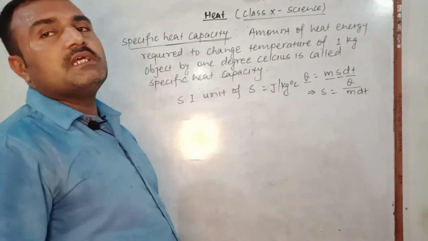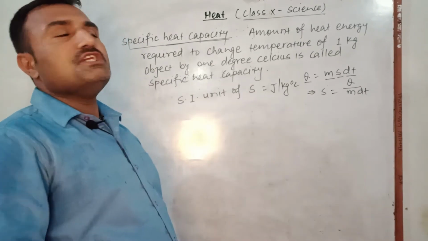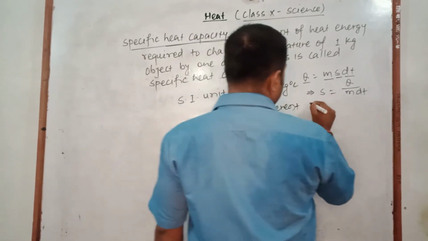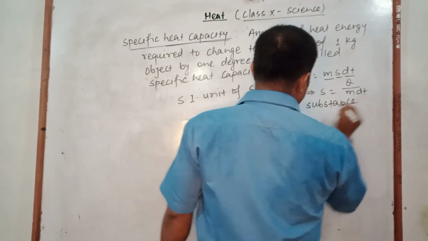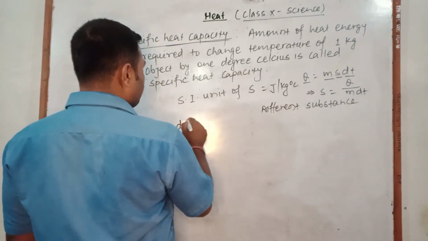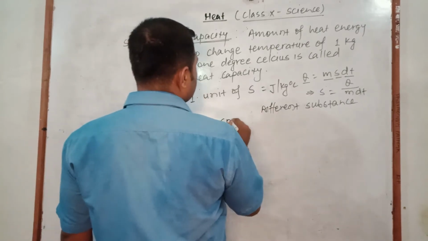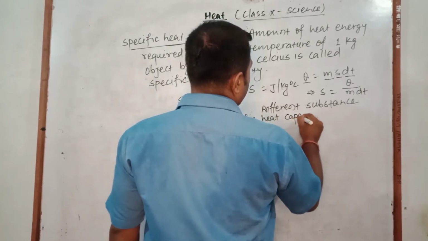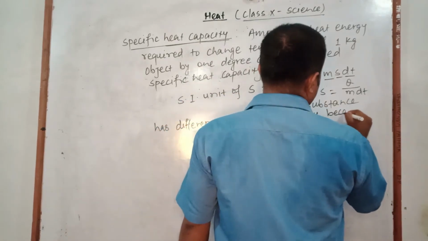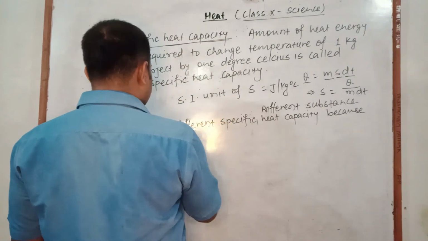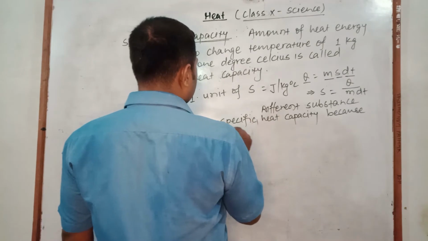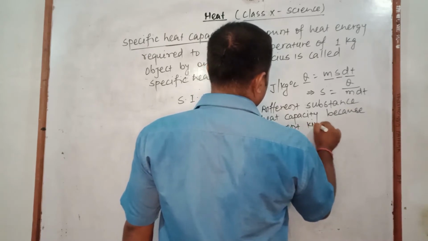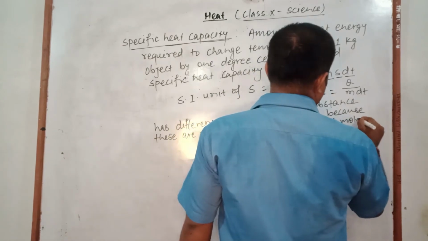At first we describe that specific heat capacity depends upon the nature of the molecule, and therefore we write: different substances have different specific heat capacity, because these are made up of different kinds of molecules.